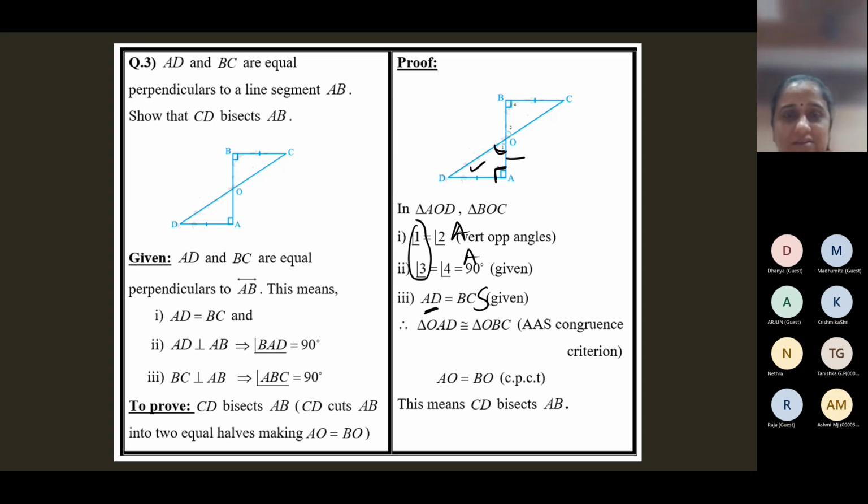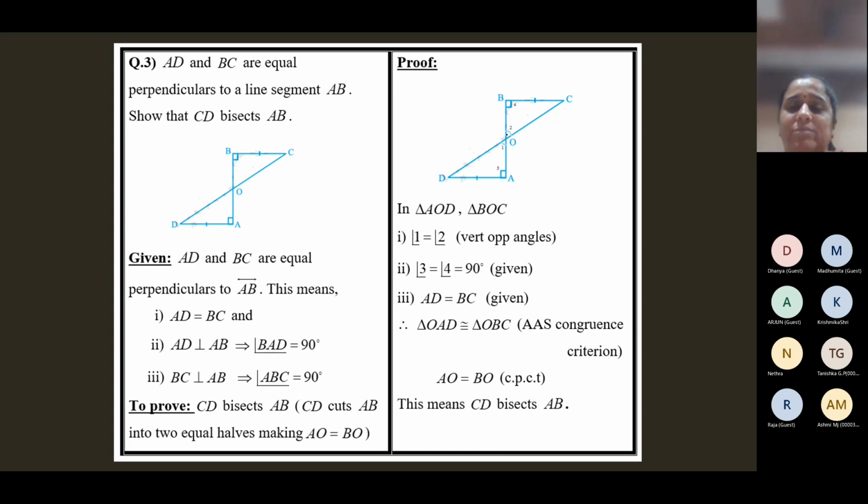In the other triangle, we have mentioned angles 2 and 4. Then the included side would be OB, but we have not said OB here. It's BC. AD is equal to BC. So clearly the sides are not the included sides. Two angles and some other side: by the AAS rule, the triangles are congruent.